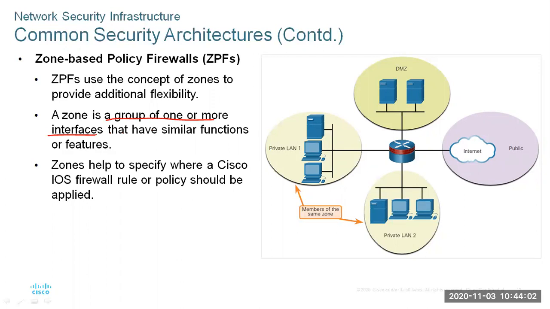So instead of going to this interface and applying a series of policies, then coming to another interface and applying the same policies, all I need to do is group these two interfaces into one zone.